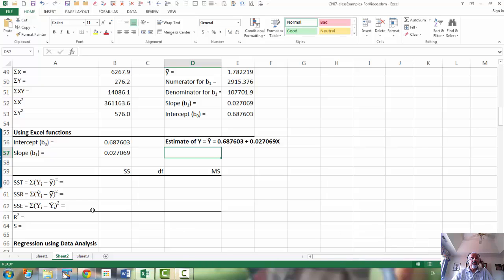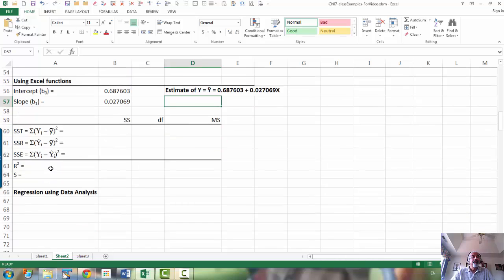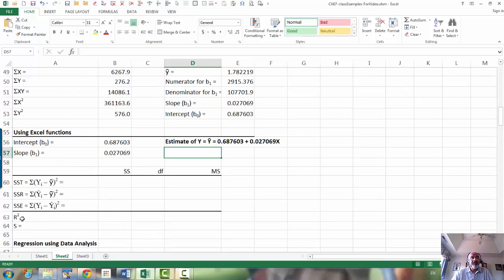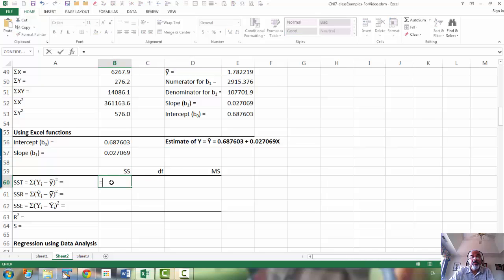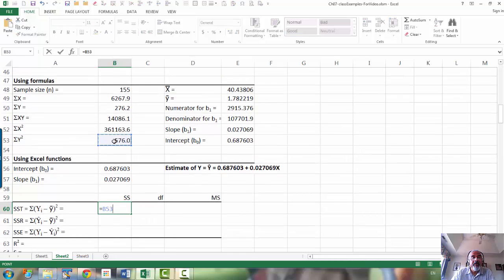Now let's look at the sums of squares. SST will be sum of y squared minus sum of y, quantity squared, over sample size n. SSR is b sub 1 times the numerator for b sub 1, and SSE is the difference.